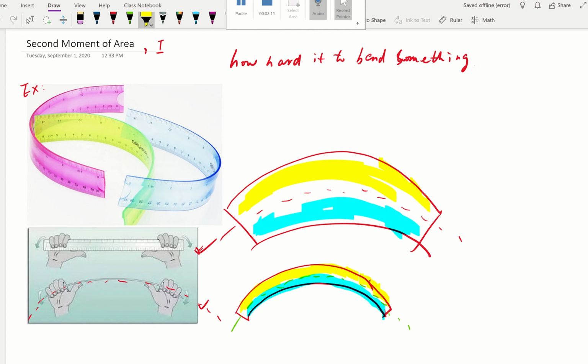So then you start to see that this second moment of area, this I, tells us how hard something is to bend, and it depends on where our bending axis is.